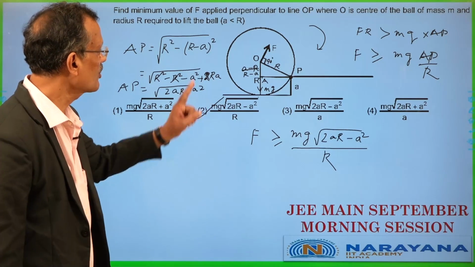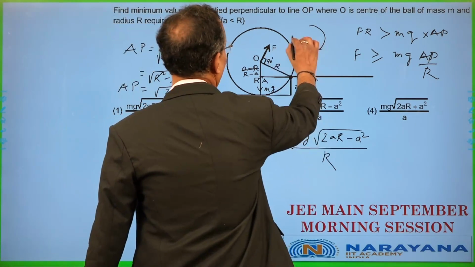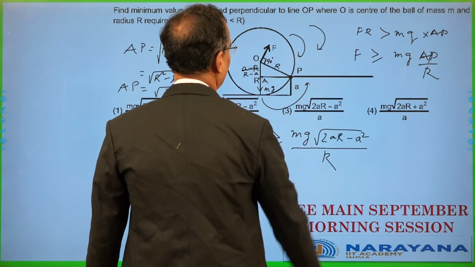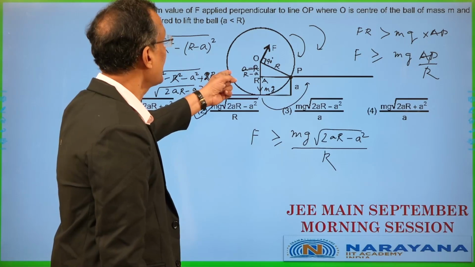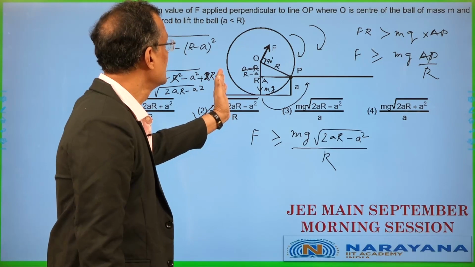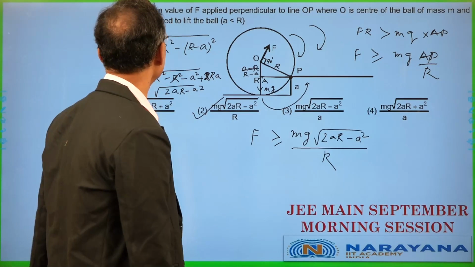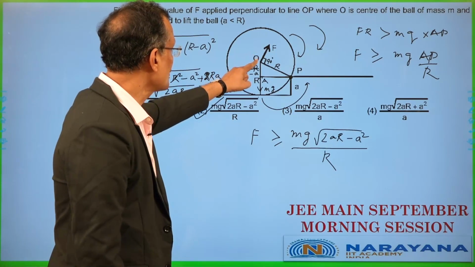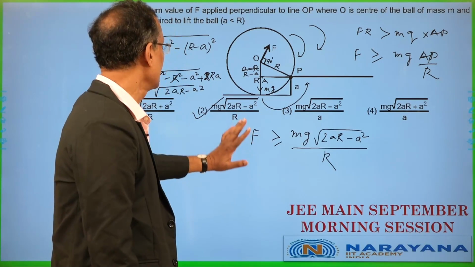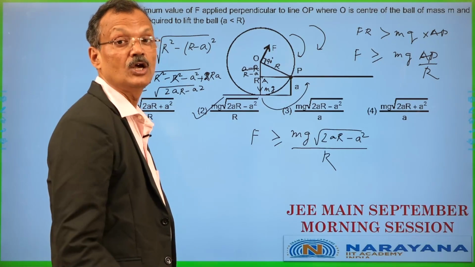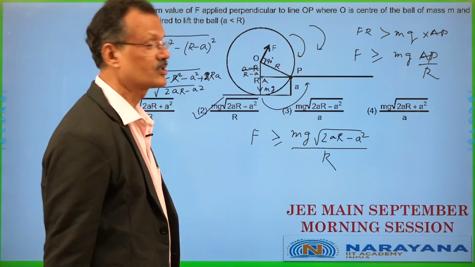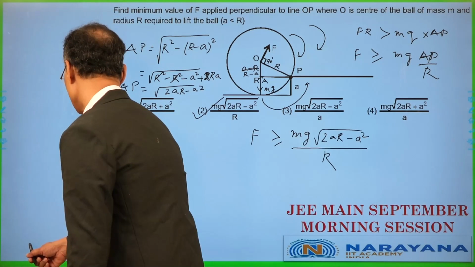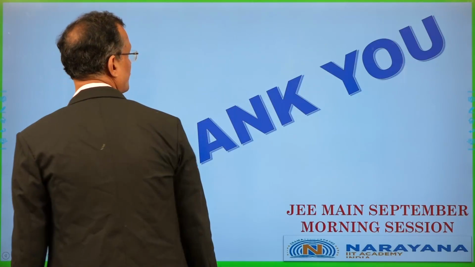You have taken torque of two forces for F, clockwise for mg, anti-clockwise, if you want that this ball should climb up. It should be lifted up this step. Then this torque should be minimum equal to torque due to mg, or it should be greater than torque due to mg. Clear to you? Answer is number 2.